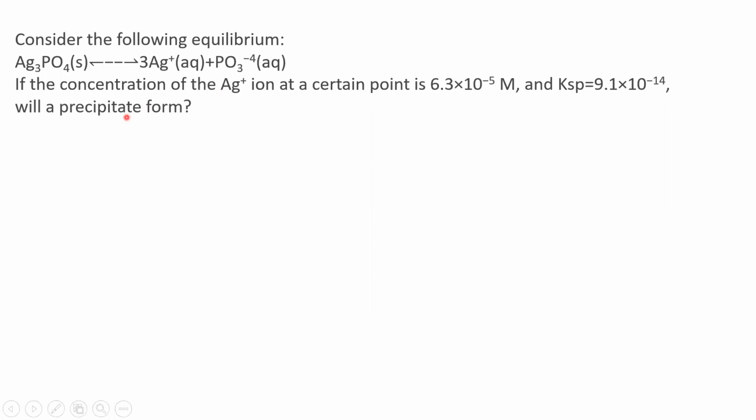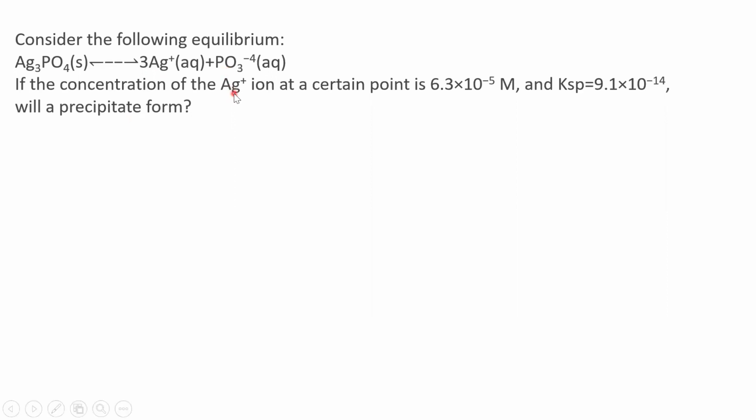Kind of the same concept, a little different wording. We're not taking two solutions this time, just one solution. So what we want to do is write our Q expression. Now, silver ions are going to be 3x. Phosphate ions are going to be 1x.